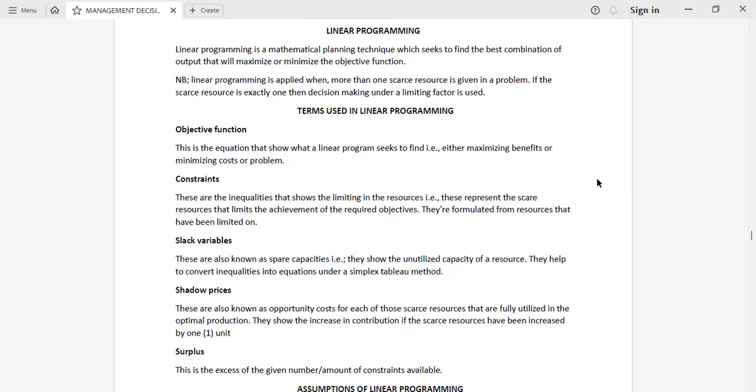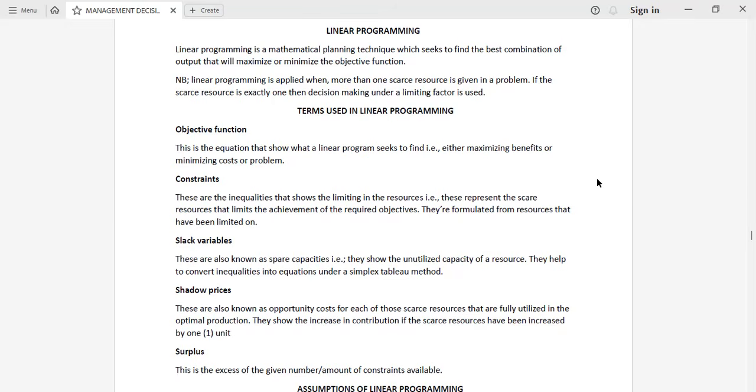Linear programming is just like the way we did it. The same methods that we applied, the graphical method, the simplex or tableau method, are the methods that we are going to apply even here.